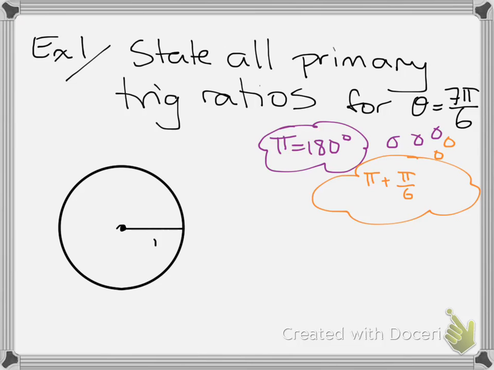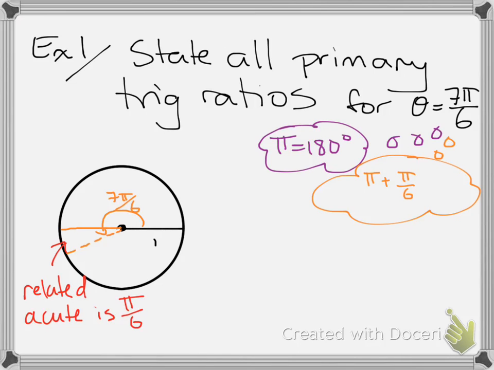That'll give us 7 pi by 6. So when I draw my angle, there's pi, and then a little bit more, and that's my 7 pi by 6. And I've also known that the related acute angle is pi by 6, because that's the little acute angle, right? Or we can think of it as 30 degrees, but we don't have to, because we can now think in radians.